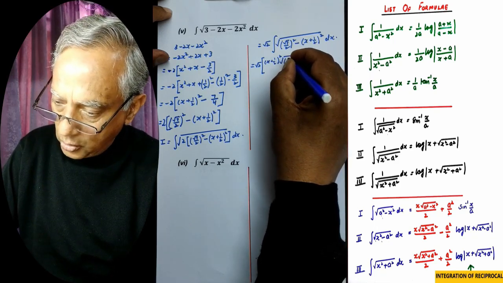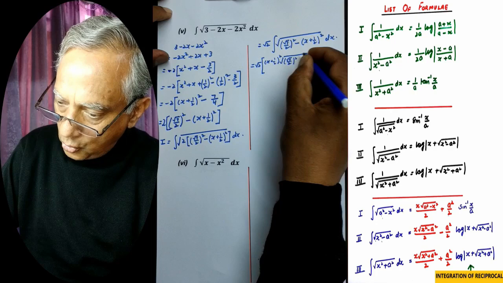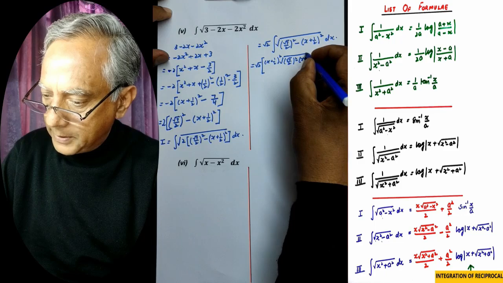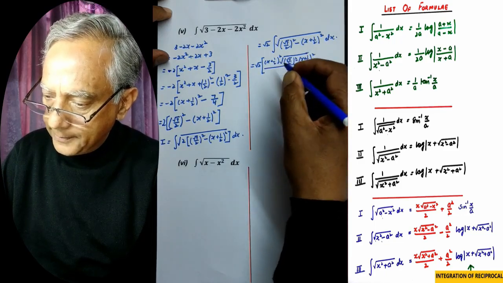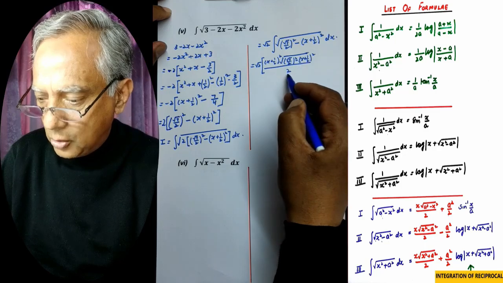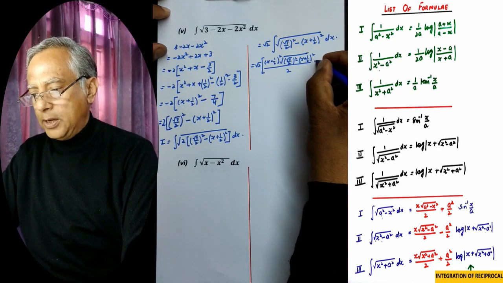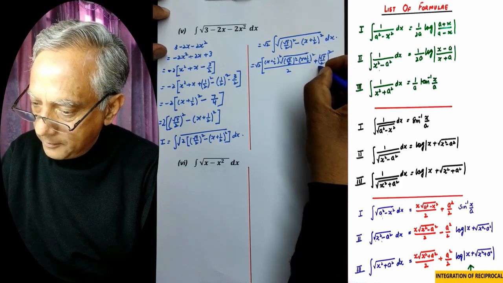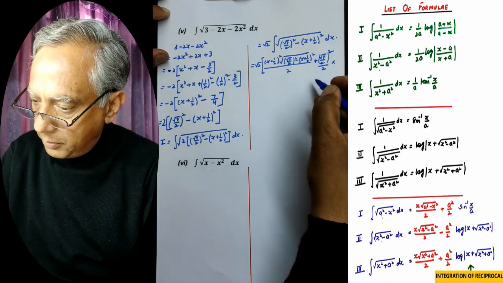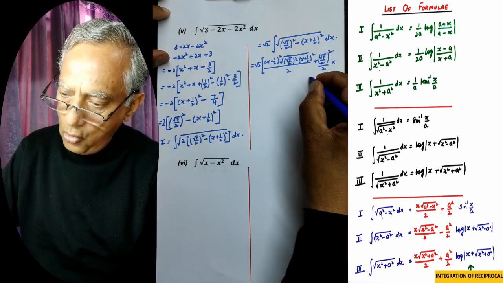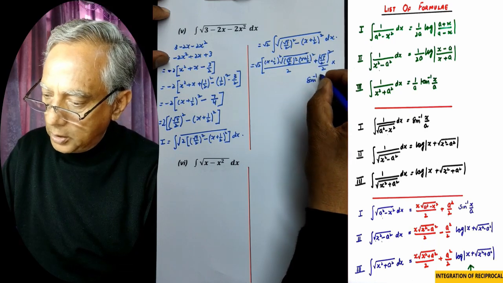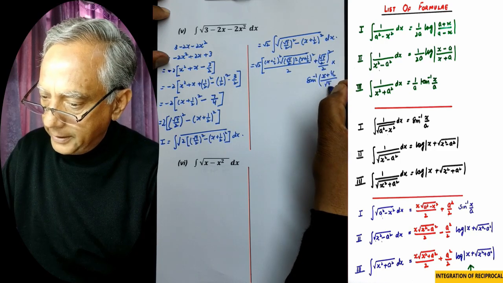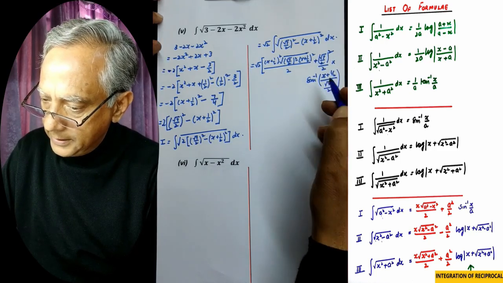X into under root of root 7 by 2 whole square minus x plus 1 by 2 whole square whole divided by 2. X under root a square minus x square by 2 plus a square by 2, plus root 7 by 2 whole square by 2 into integration of its reciprocal, that is sine inverse x plus half divided by root 7 by 2.